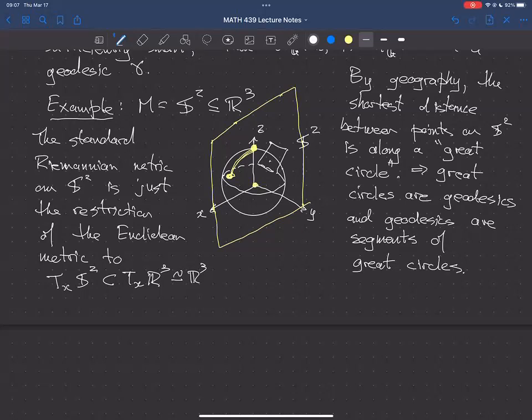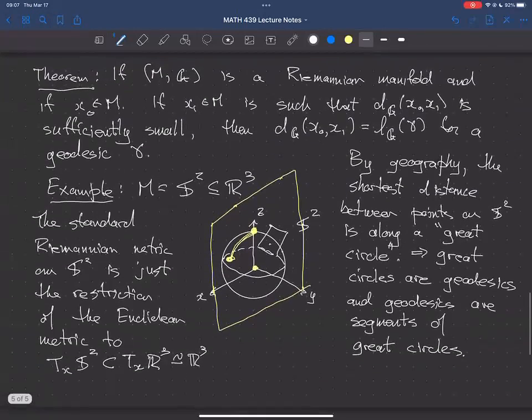Now, let's take a look at an important part of the theorem here, which says that if x1 is a point which is sufficiently close to x0, then the distance between x0 and x1 is going to be the length of a geodesic that connects x1 and x0.